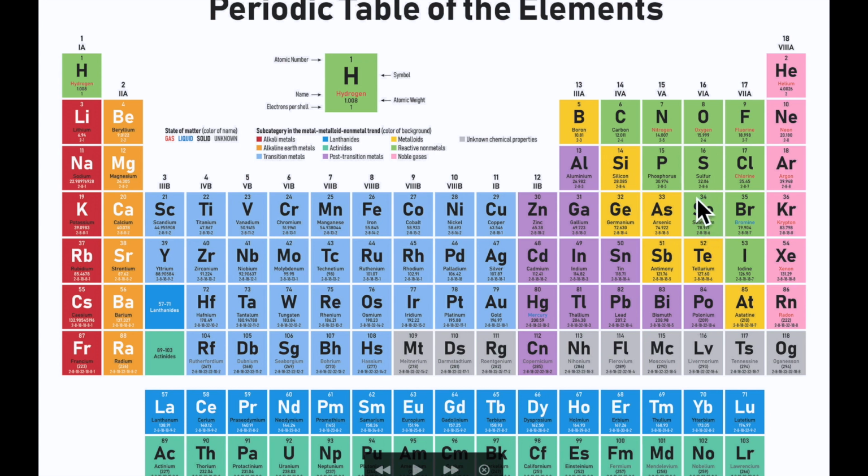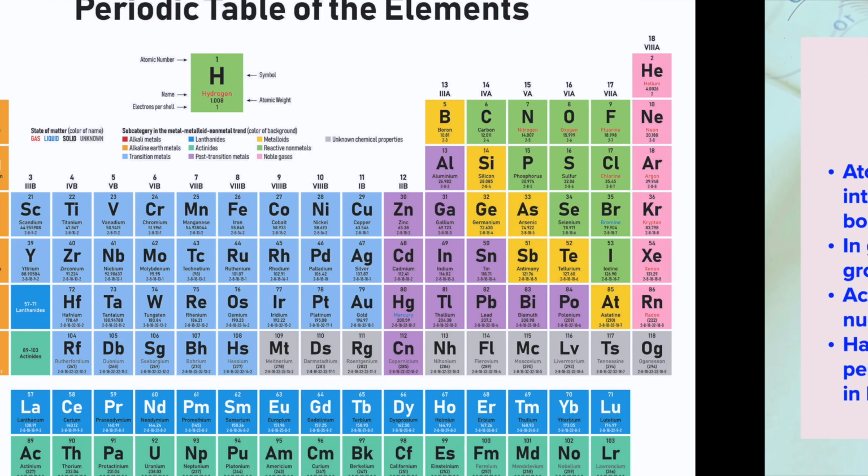But in a period, as we move from left to right, electrons are added in the same subshell. The electronic configuration is ns2 np4, ns2 np5, ns2 np6, like 2s2 2p4, 2s2 2p5, 2s2 2p6, that is, the added electrons are added in the same shell.